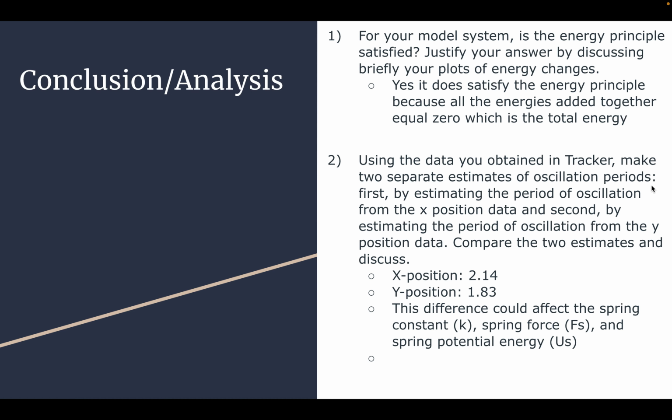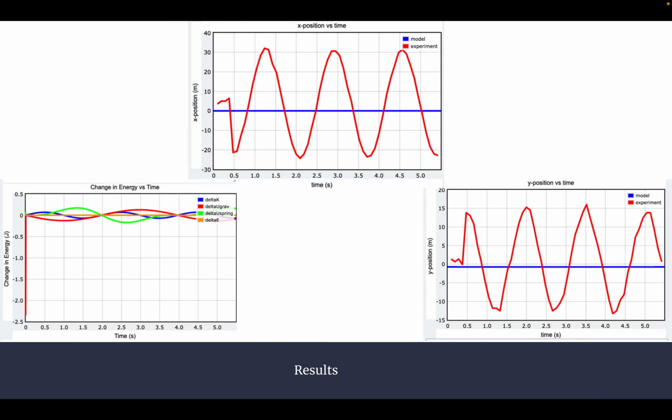So one of the questions was, for your model system, is the energy principle satisfied? Justify your answer by discussing briefly your plots of energy changes. So as you can see back to this graph, all of the different lines, the colors, the red, blue, and green, when these are all added together, they equal 0, which is the total energy, delta E, which is shown by the orange line here.